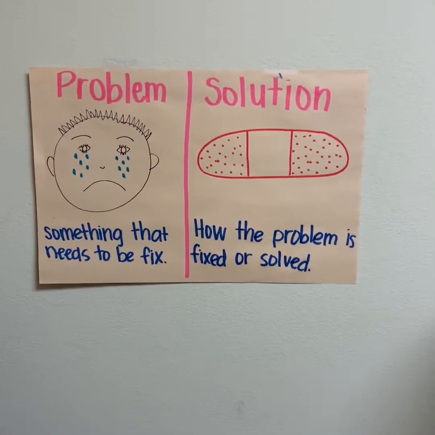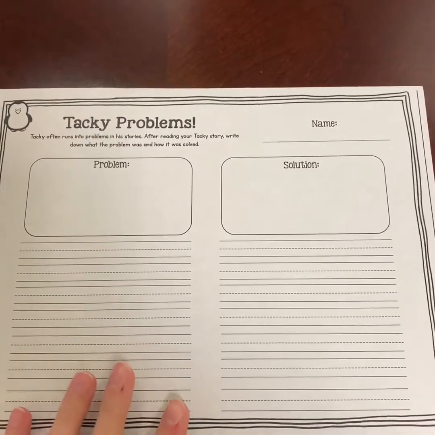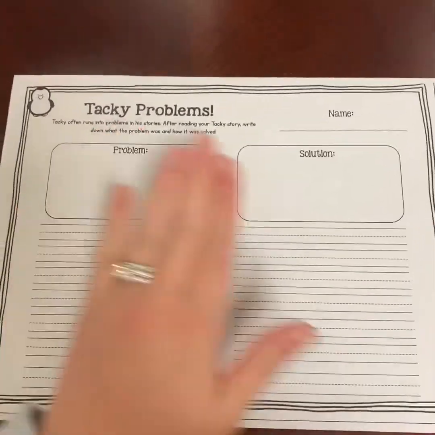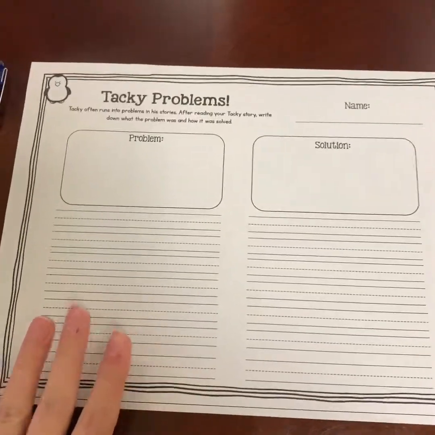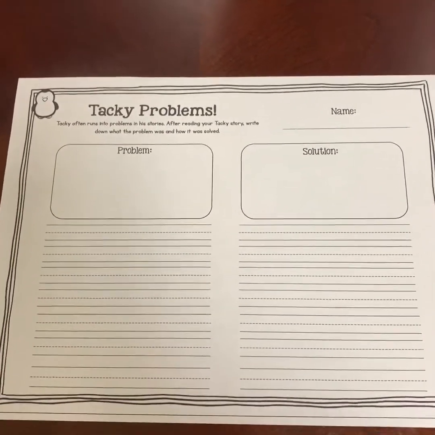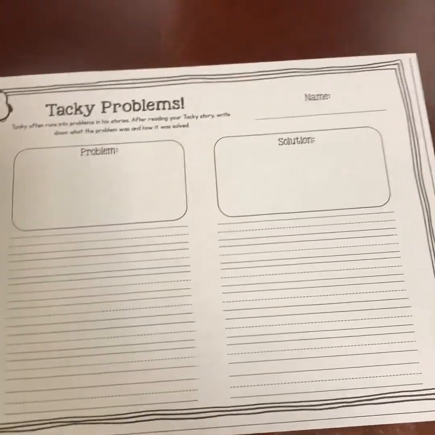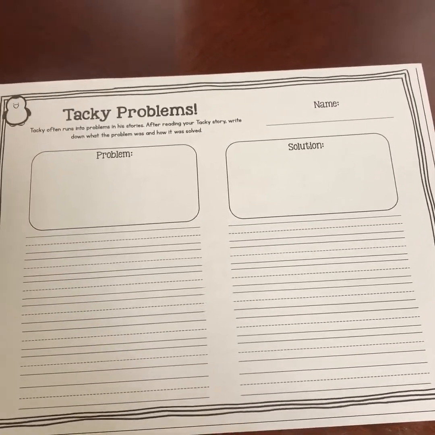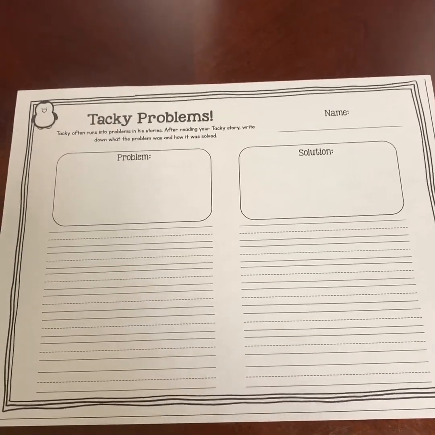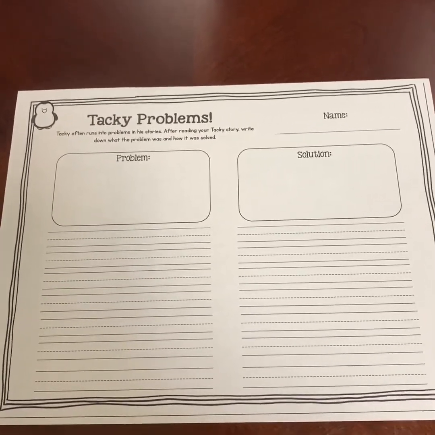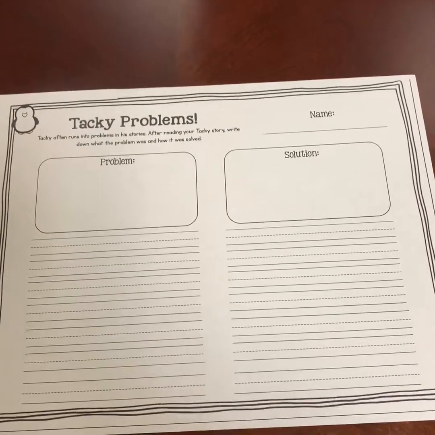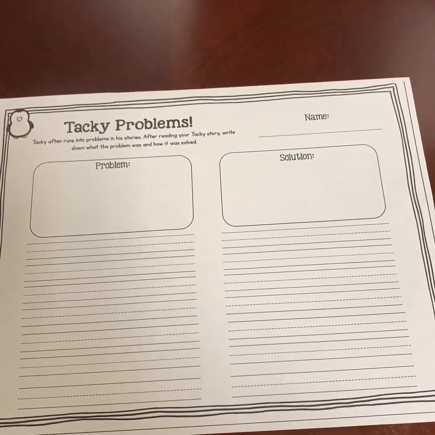So let's go back to our paper. Okay, so we have our problem and our solution, okay? Now let's think about what was going on in the story, right? Let's think about our retelling hand. At the beginning, Tacky, was he fitting in with the other penguins?